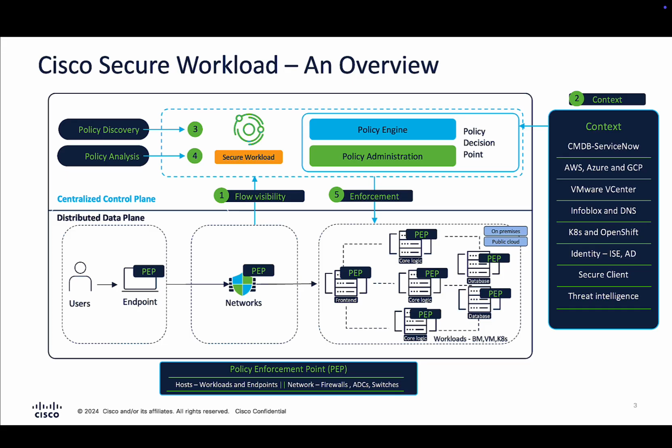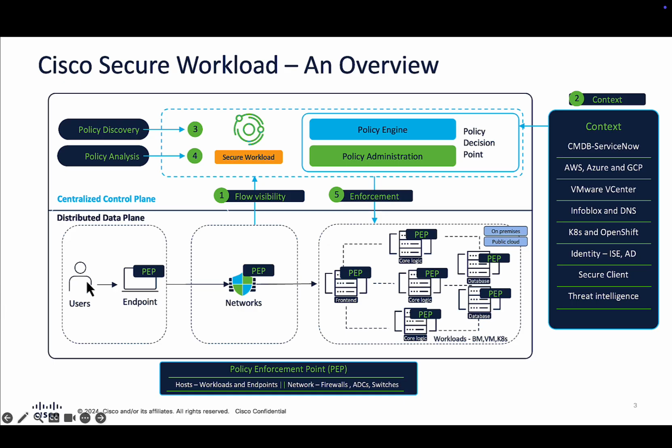I know there's a lot going on in this slide, but if you focus your attention on the bottom of the slide, you see the distributed data plane, right? What is the distributed data plane? This basically represents all your user-to-app and app-to-app communication landscape. Consider a simple example.